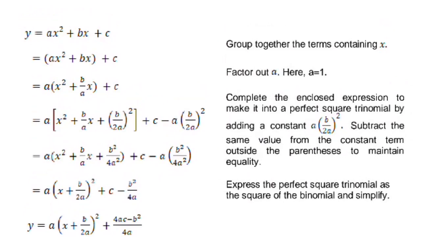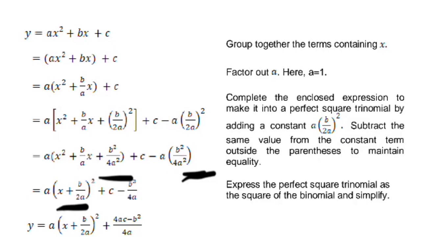Then b over 2a squared is b squared over 4a squared. Then expressing this, you have a times the quantity x plus b over 2a squared. This is the square of a binomial form of x squared plus b over a x plus b squared over 4a squared.